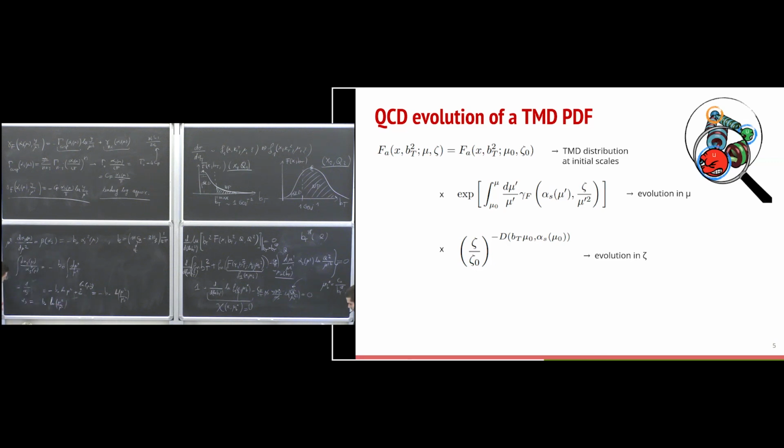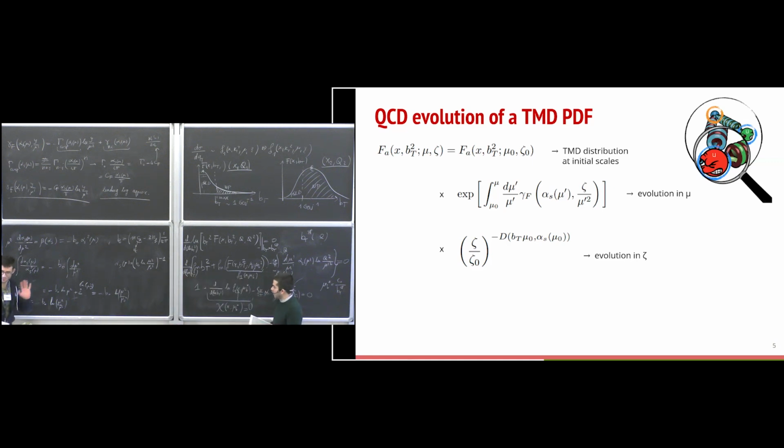Yeah, but it's 1 over, right? So what I get is alpha s equal to b0 log of mu squared over mu 0 squared, to the power minus 1. So the inverse of this.